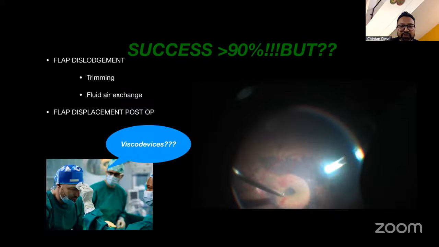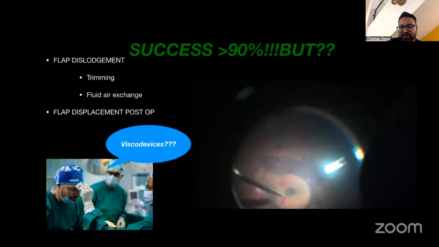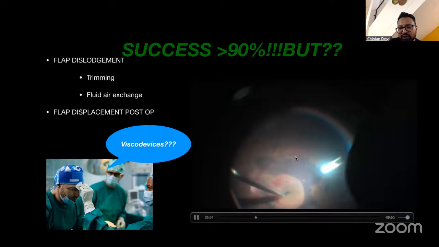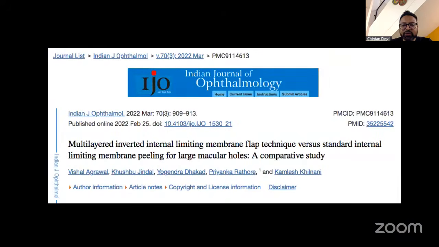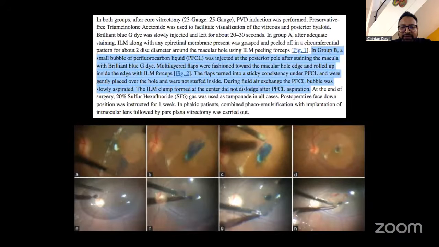Taking these things into consideration, this is a video where I'm showing how the flap got sucked into the cutter while trying to trim it. So how did PFCL come into the picture? I came across a study in IGO where they used PFCL to peel flaps, not to keep on the flap.